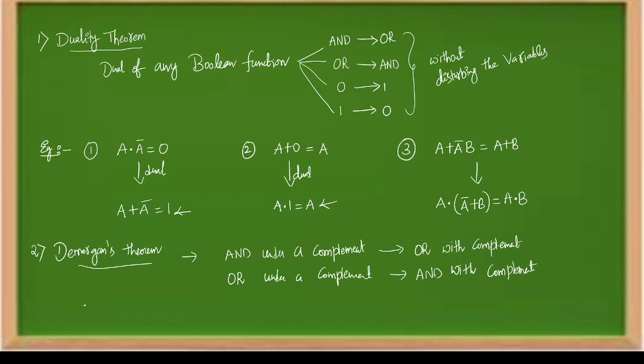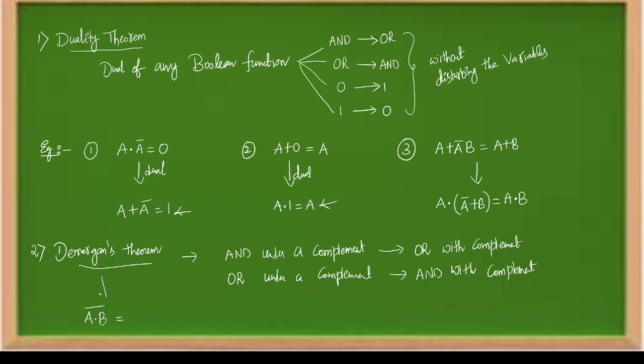Let me give the laws below De Morgan's theorem, where I am considering only two variables. You can extend De Morgan's theorem to any number of variables. It is logically true. Now I am considering the two variables A and B. I have (A and B) whole complement, which means under the complement I have an AND operation between the two variables.